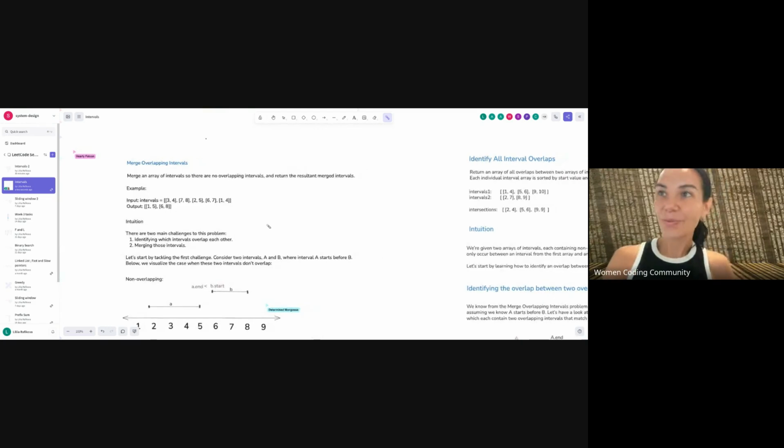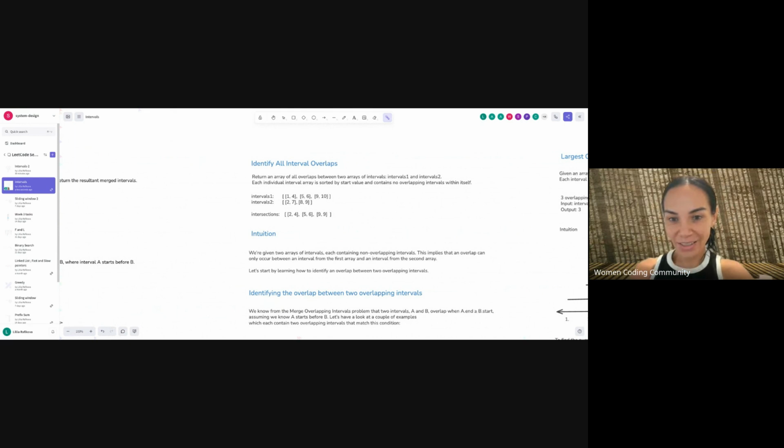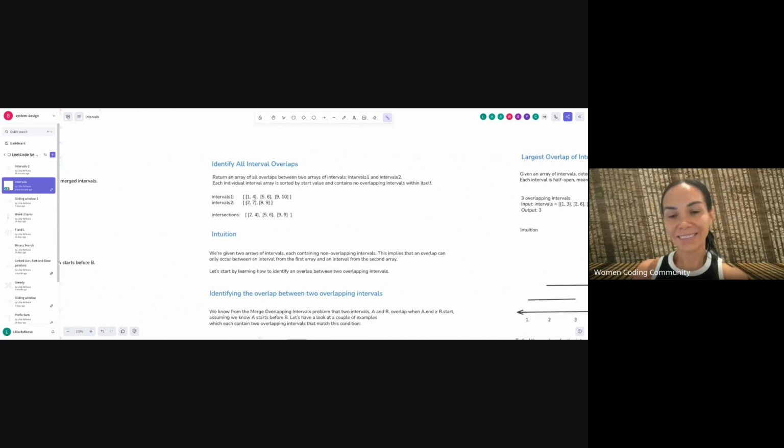So let's move on to the next one. In this case, we are again trying to find overlapping intervals, but this time we need to find intersections of these intervals. It's slightly different.